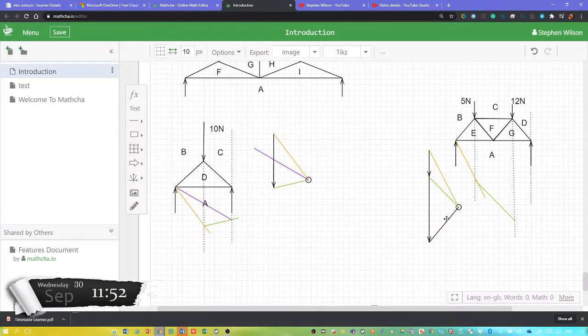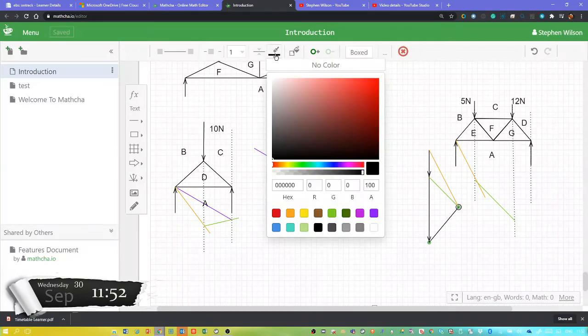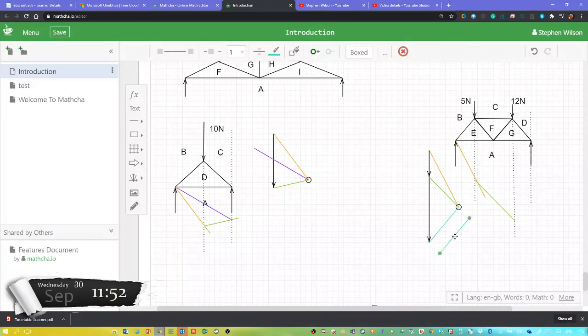And then finally we have our third line. You see we go between these extension lines of force. Let's go for that. There we are. That comes up from there again to where it meets there. Finally, we draw a line from that intersection back to the start.